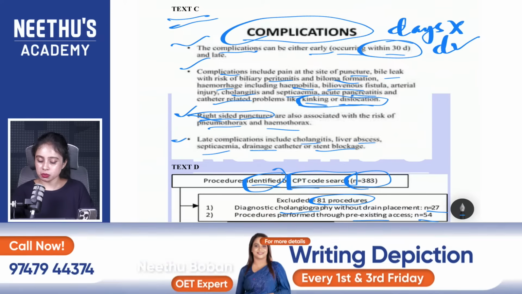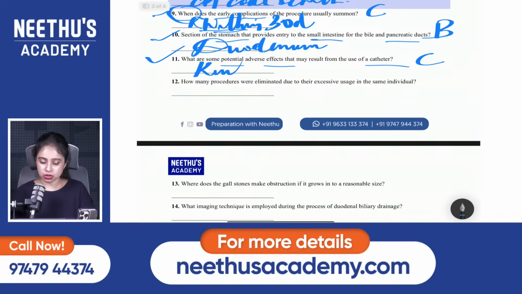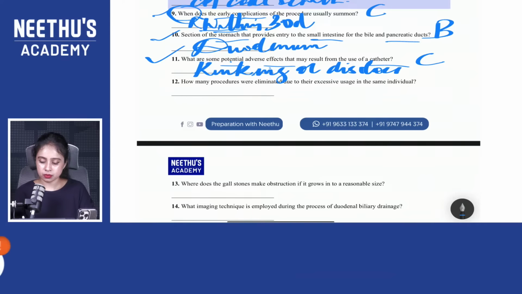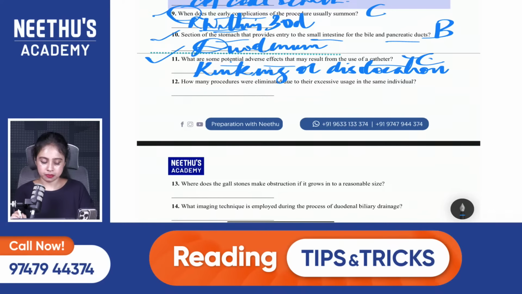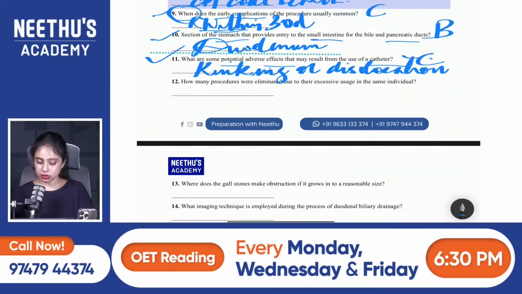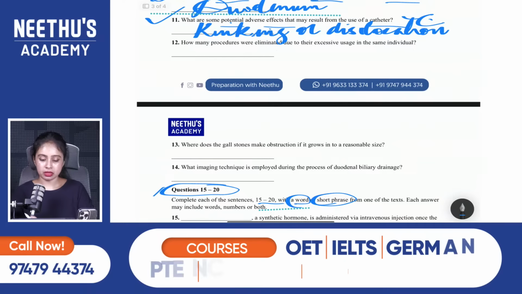See? So this is my answer. Kinking or dislocation because of a catheter. Yes, Shubhajit, right answer. Sharanya, Adra, yes. 11th one is kinking or dislocation. Very good, Alfonso. Yes, very good, Sharanya. Right answer. Then 12th one.